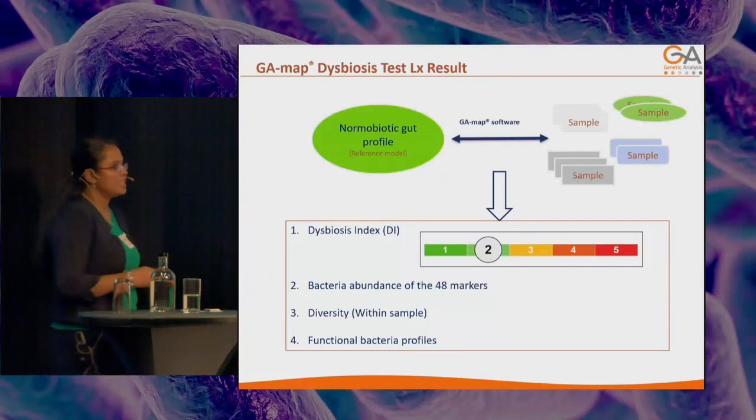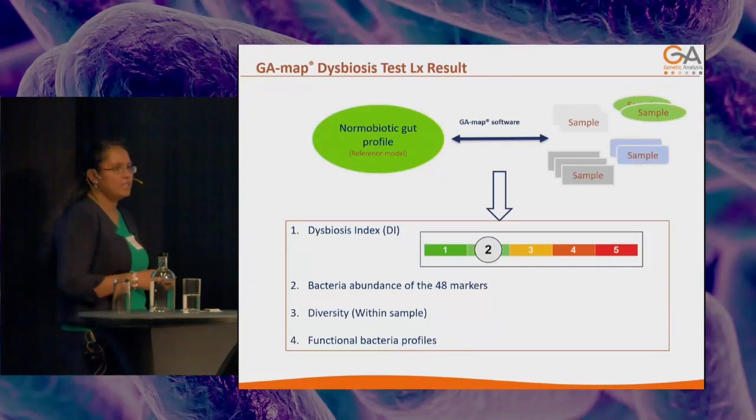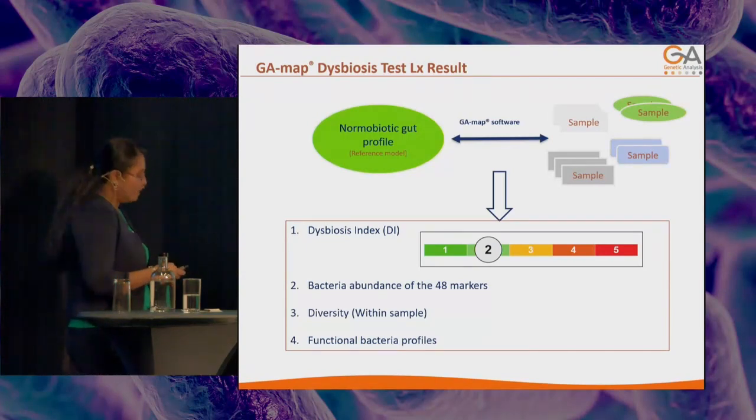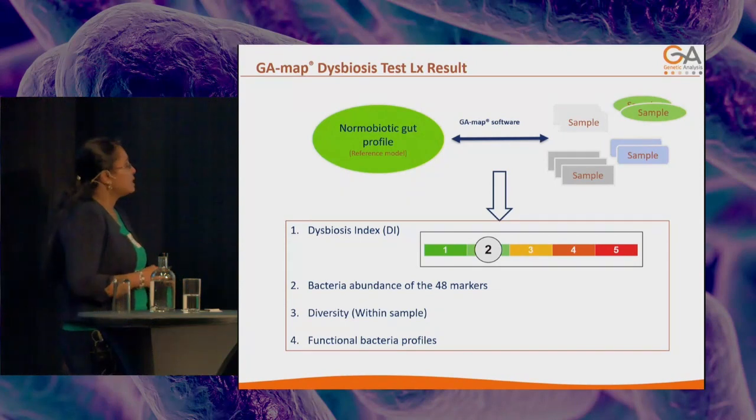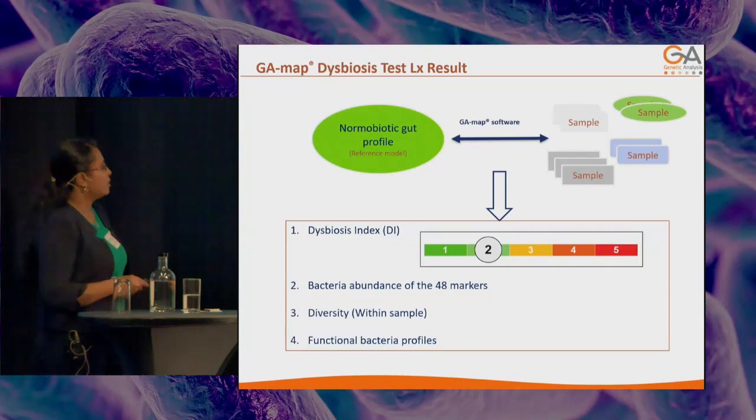But if the deviation is much larger, then those samples get a value of 4 or 5, and we refer to them as dysbiotic samples. It's important to remember that this index algorithm mostly depends on the presence of the commensal bacteria in the gut. Next, we also report the relative abundance of all the bacteria of these 48 markers that we have.